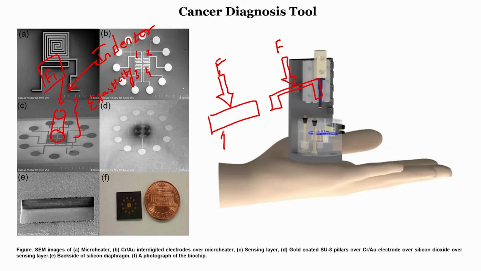This is not going to bend because silicon is a solid, hard material. This will bend. What we are expecting is it will bend like this. In this case nothing will happen. So, we need to create this diaphragm. We have to etch the silicon wafer to create the diaphragm.